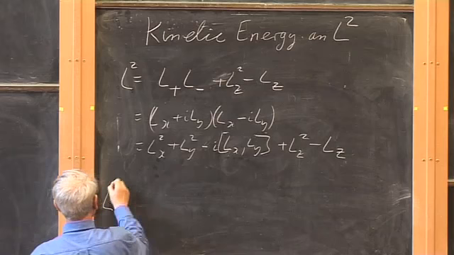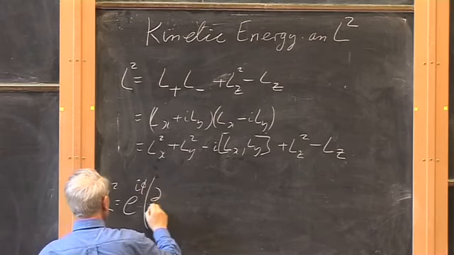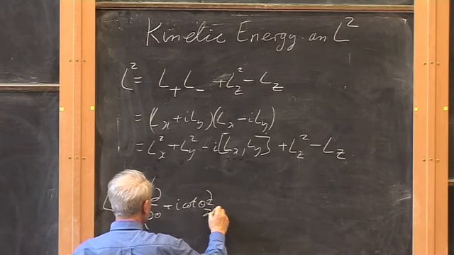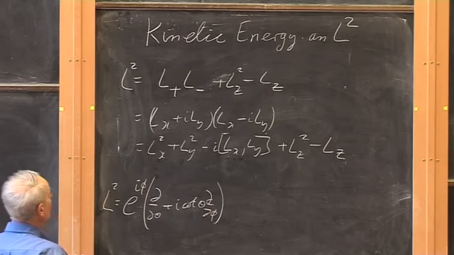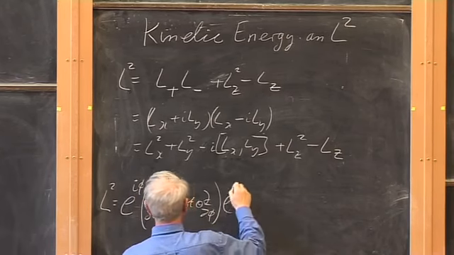So we have that L squared is equal to e to the i phi, d by d theta plus i cotangent theta d by d phi, and that should operate on L minus, which is, taking the minus inside the bracket, e to the minus i phi, minus d by d theta plus i cotangent theta d by d phi.